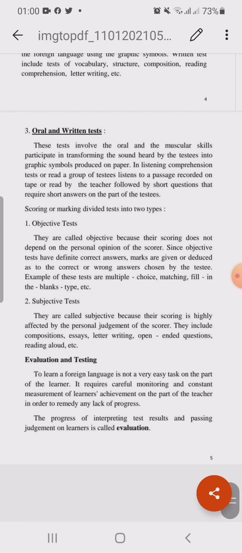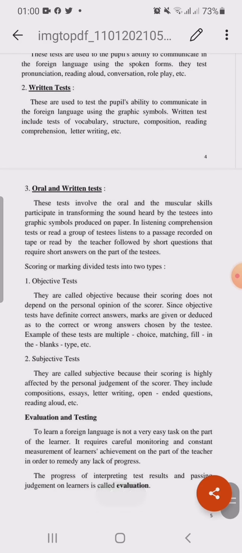Scoring or marking divides tests into two types. Number 1. Objective tests. They are called objective because their scoring doesn't depend on the personal opinion of the scorer or teacher.